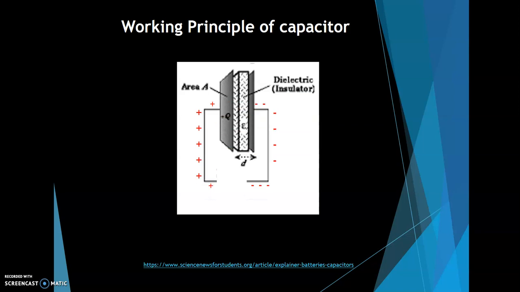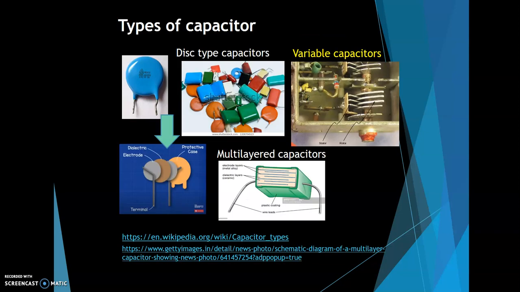I hope that now you're clear with the concept of storing and retrieving the electrostatic energy in capacitors. There are different types of capacitors, such as disc type capacitors, variable capacitors, multi-layered capacitors and many more. Whatever the type of capacitor, the interior design looks somewhat like this. You have two electrode plates separated by a dielectric material.